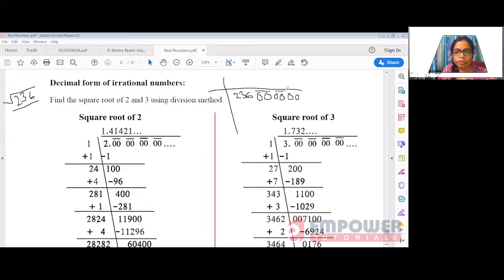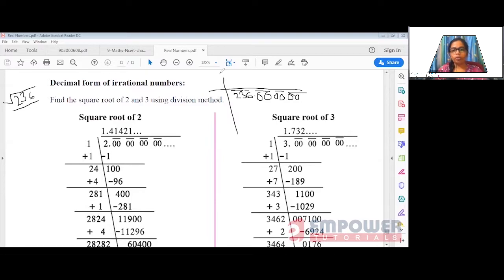This is one group, and this is how it goes. So this is how you are going to do grouping. Grouping is very important while doing the long division method.